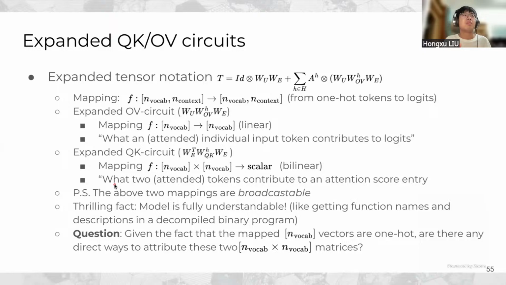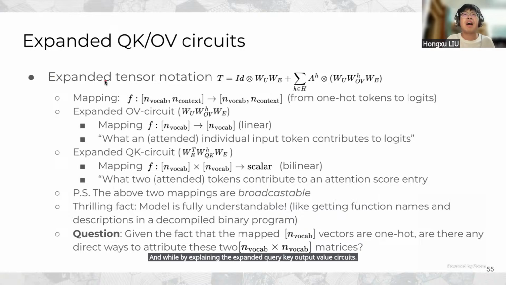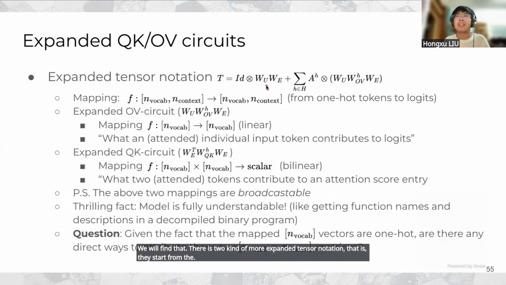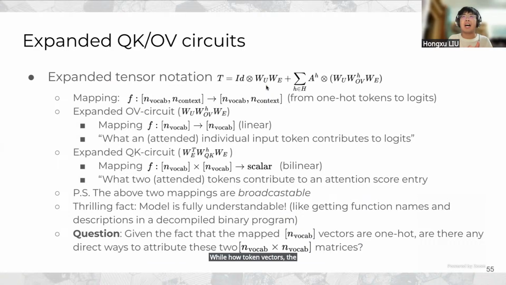By explaining the expanded query-key and output-value circuits, we will find two kinds of more expanded tensor notation. They start from the one-hot token vectors and go all the way to the logits. The expanded OV circuits and QK circuits are two kinds of mappings.